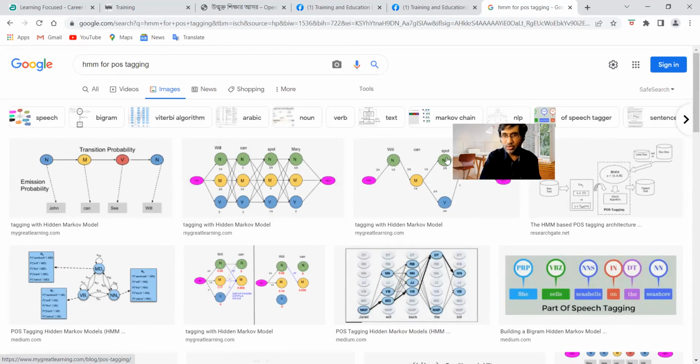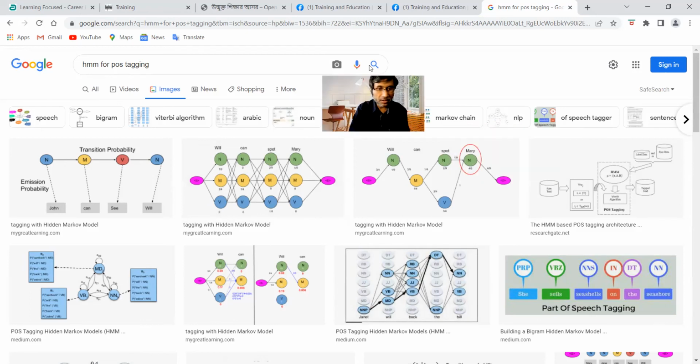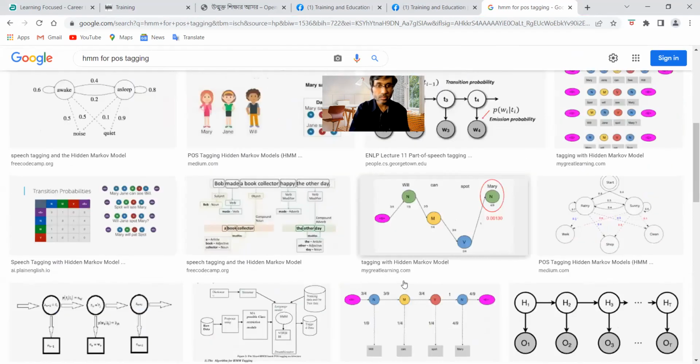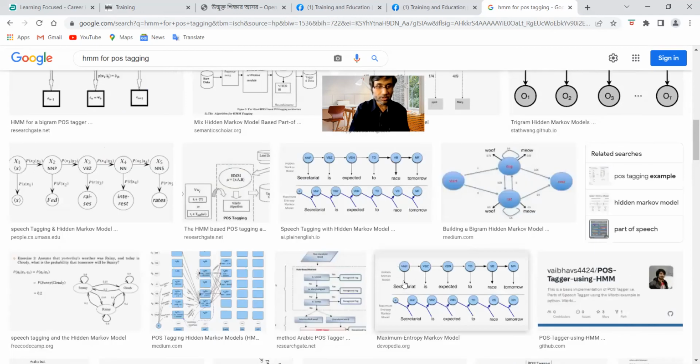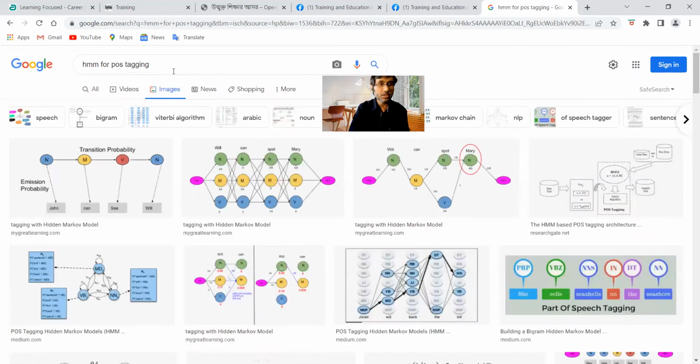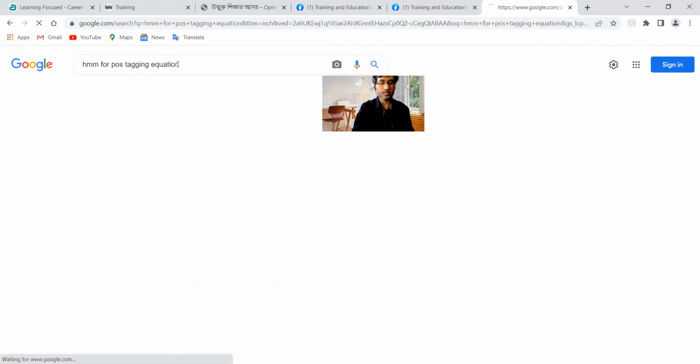Okay, this is not the last one that you told, beam search. It looks like this one is the beam search thing. I was looking for the tagging equation.